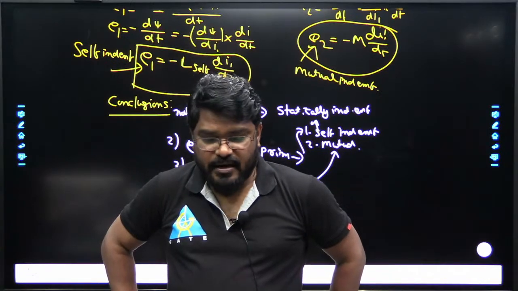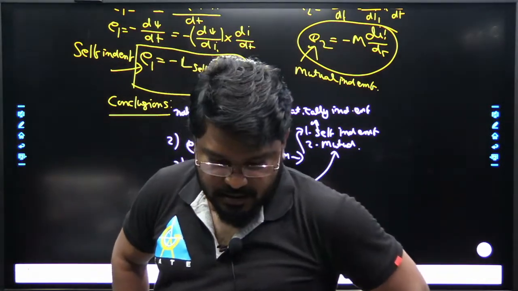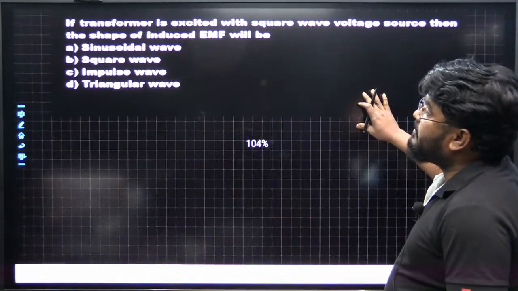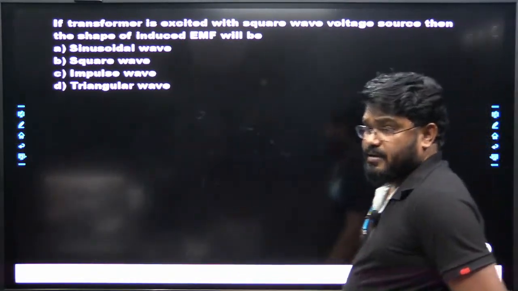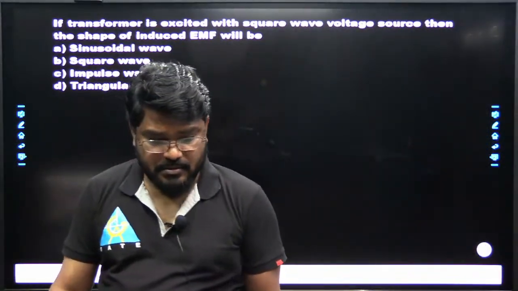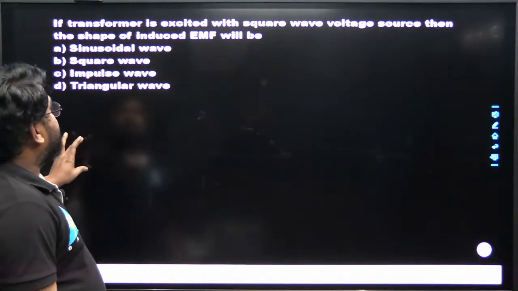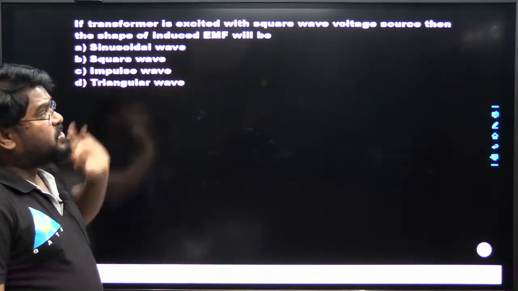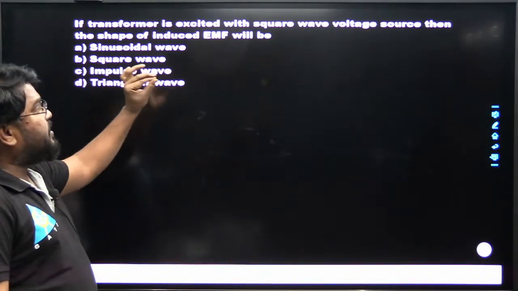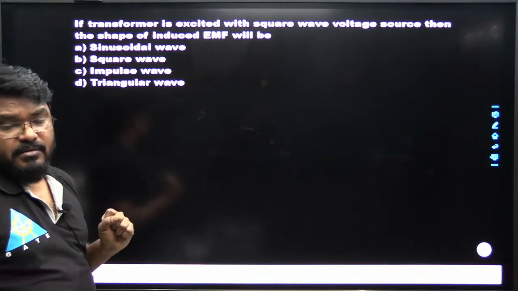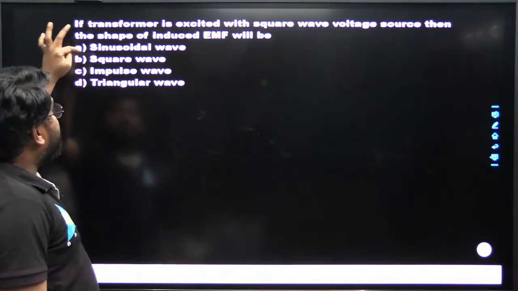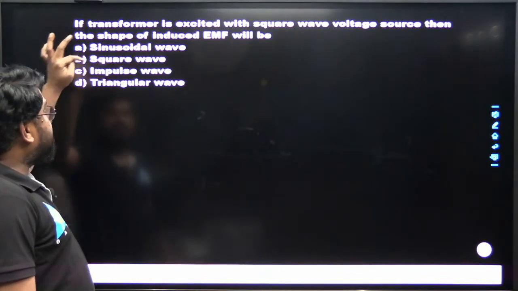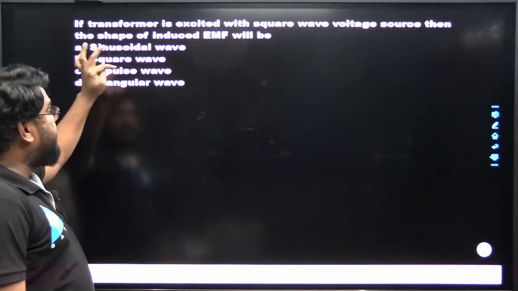So let's discuss some questions based on this concept. This is one of the questions: if a transformer is excited with a square wave voltage source, then the shape of the induced EMF will be: option A, sinusoidal wave; option B, square wave; option C, impulse wave; option D, triangular wave.